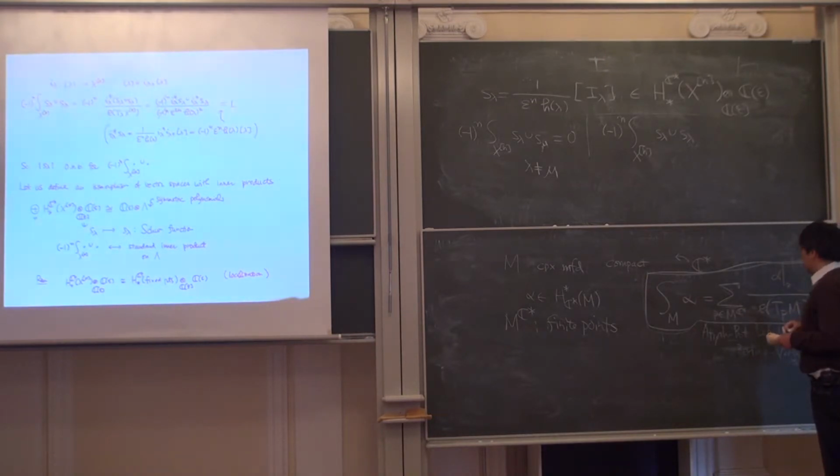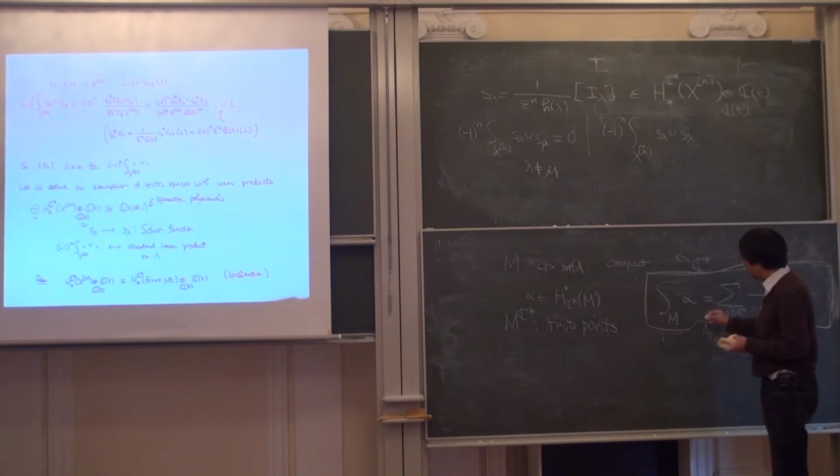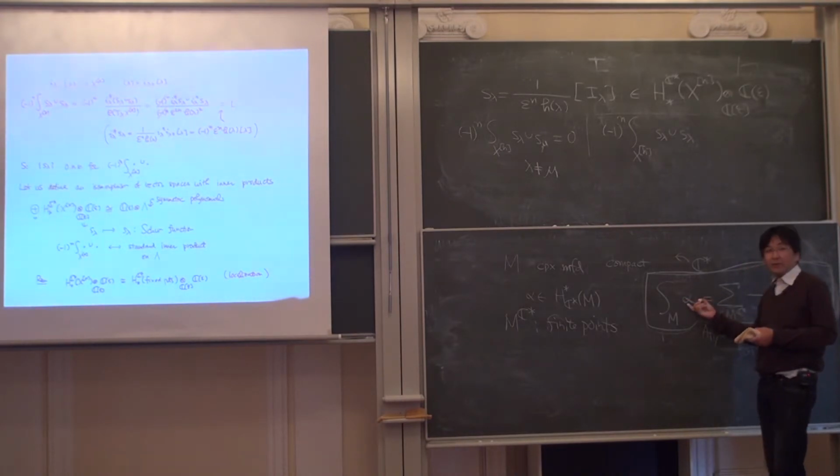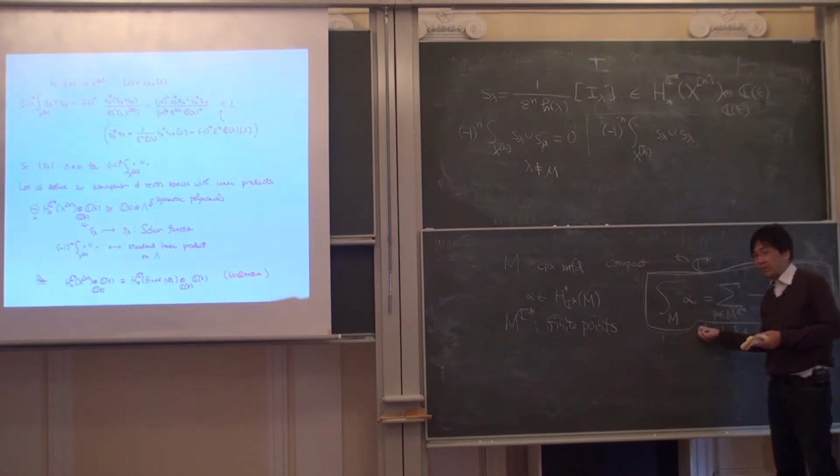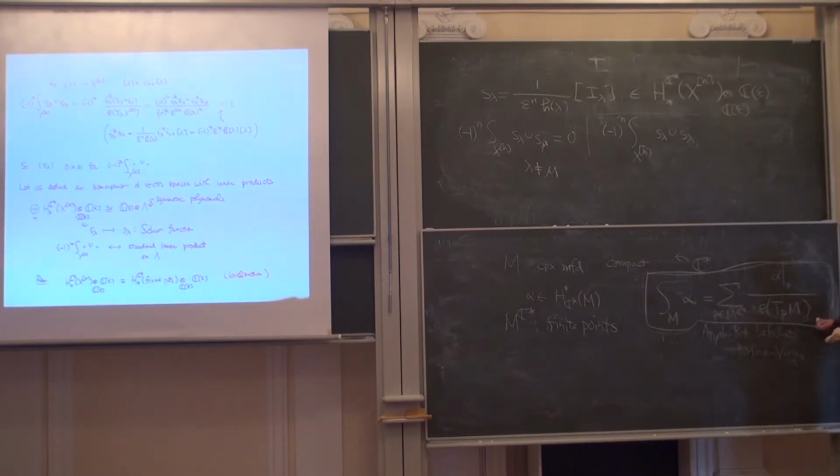It's really important. For example, if you take M to be a Grassmannian or projective space, then even for this, you still get some interesting expression. In this formula, if the degree of alpha is not the dimension of M, then the left-hand side vanishes. That is clear from the definition of integration. But on the right-hand side, that is not clear.